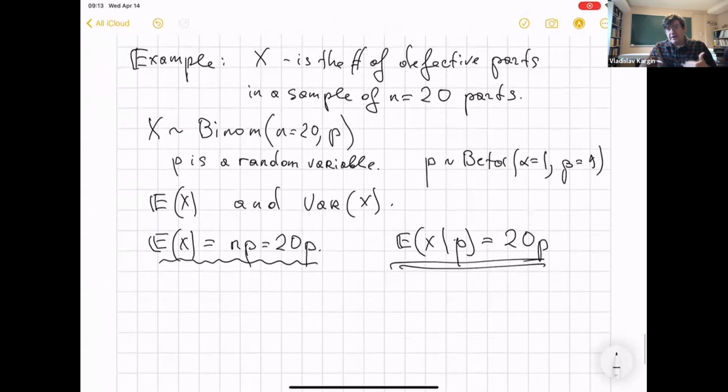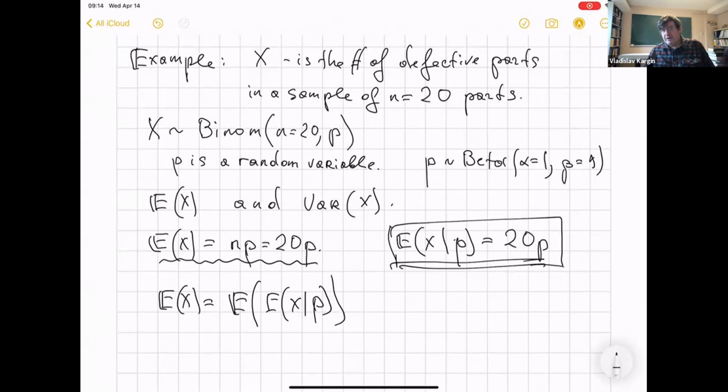Now, if you recognize that this is a conditional expectation, then we can write that E of X should be equal to the expectation of E of X given p. So we need to average over all 20 p's. So it's equal to the expectation of 20p, which is 20 multiplied by the expectation of p.